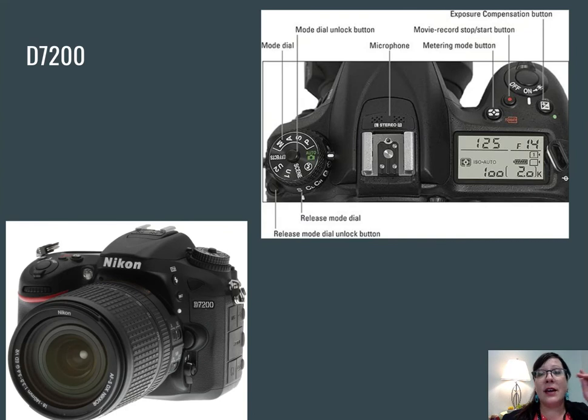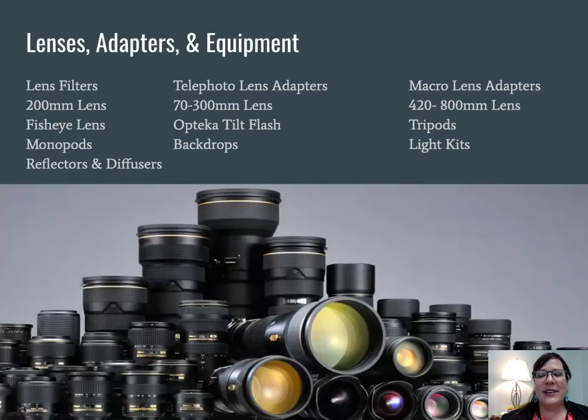I'm not saying the other cameras don't. These just have, as we move up on the numbers, there's more and more settings to learn. So we do have 2 of these in the classroom, and they're kind of reserved for photography lab students or special projects.